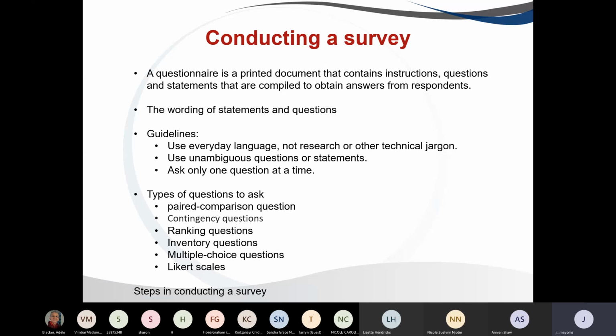So the example that we've got here is that the police want to extend their services in the community. As a member of this community, if you had to choose between the following two options, which would you prefer? And then they say either more regular foot patrols in the street or more officers on duty where children hang out. So there, you're given two options.